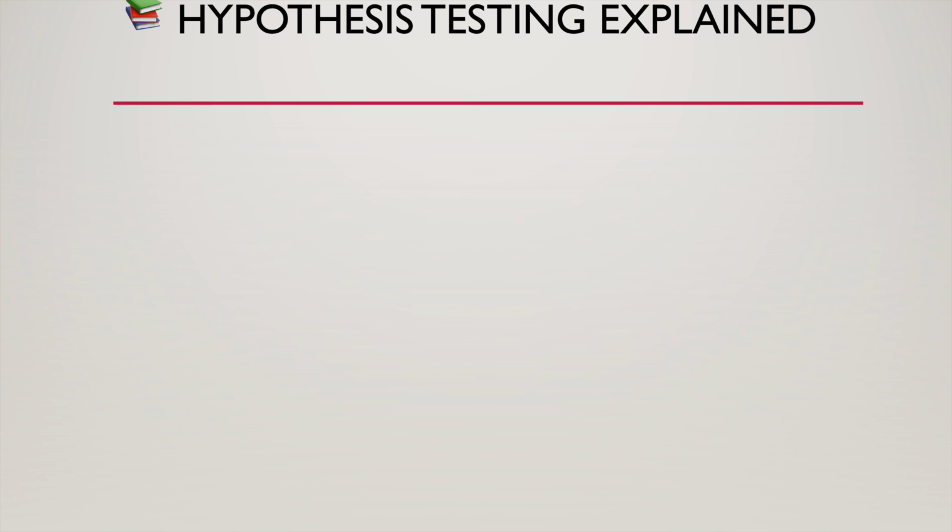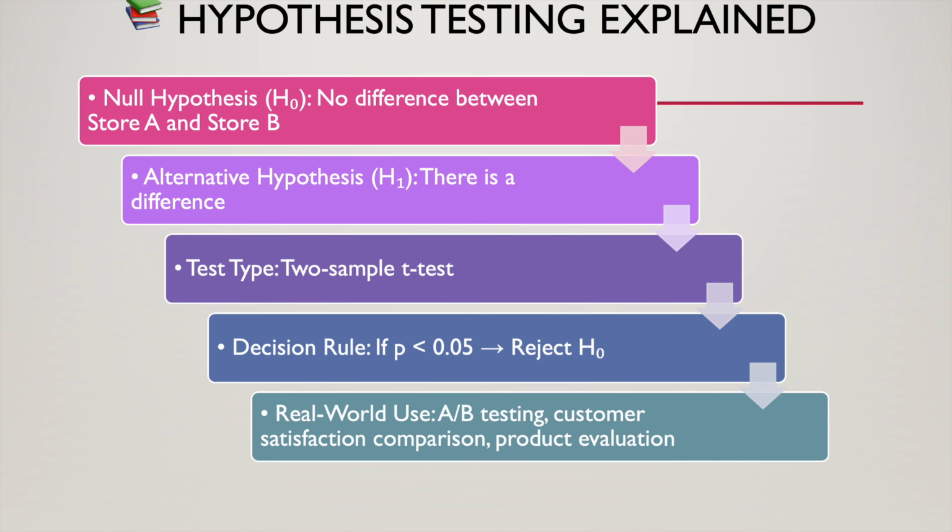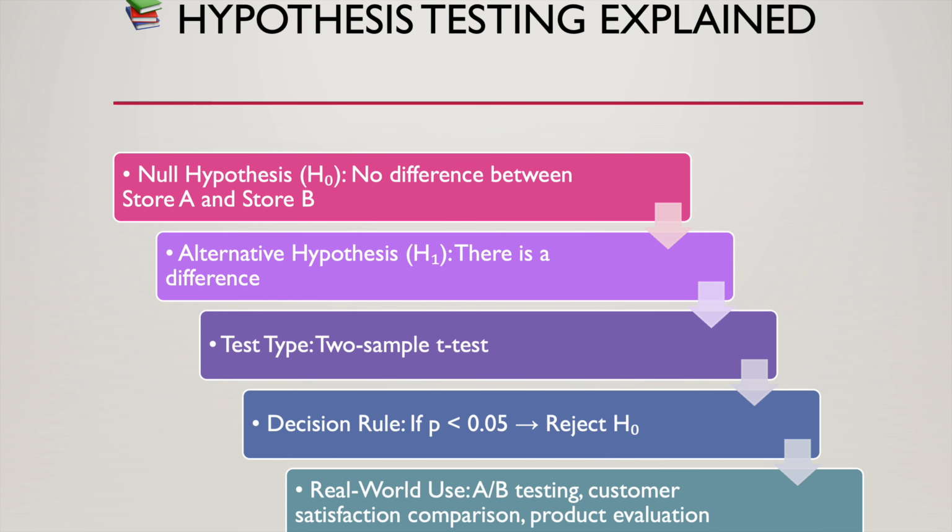Let's begin with a quick recap of key concepts. A null hypothesis assumes there is no difference between two groups. In contrast, the alternative hypothesis suggests a meaningful difference exists.